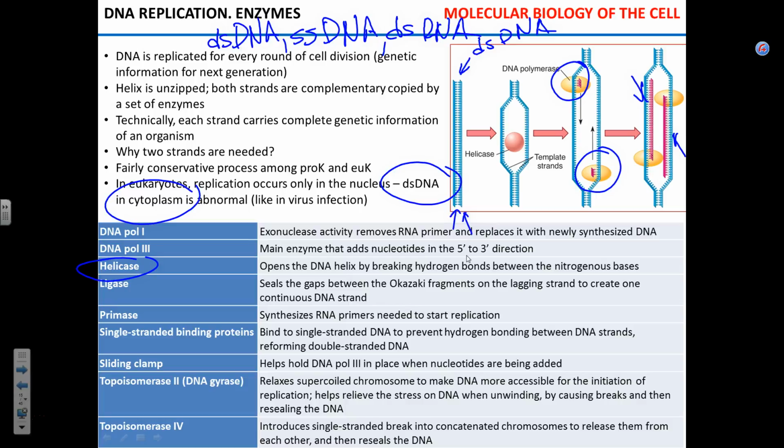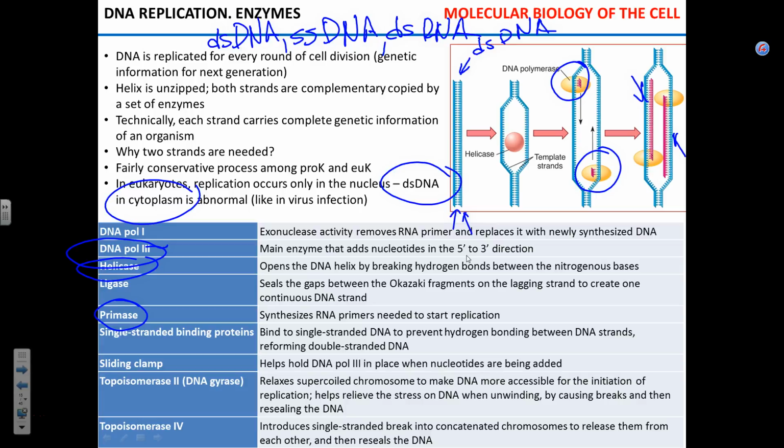The enzyme called primase makes a short RNA molecule, the so-called primer, that's complementary to the DNA strand that's being copied, because without a primer, DNA polymerase 3 cannot start the replication.